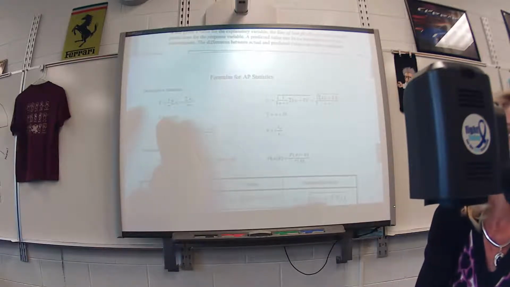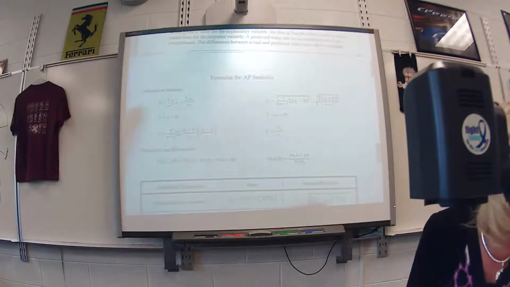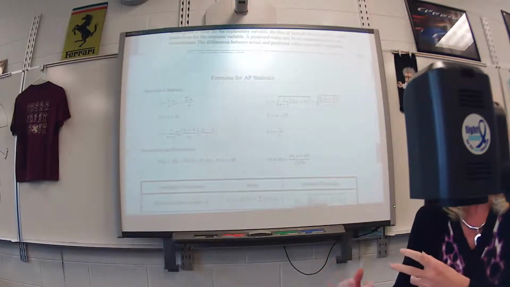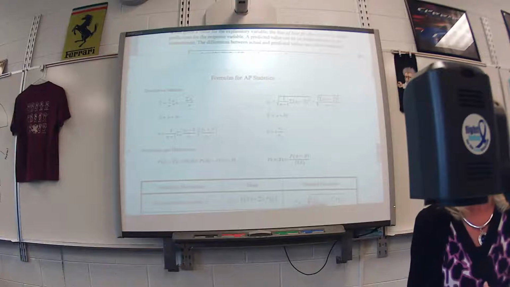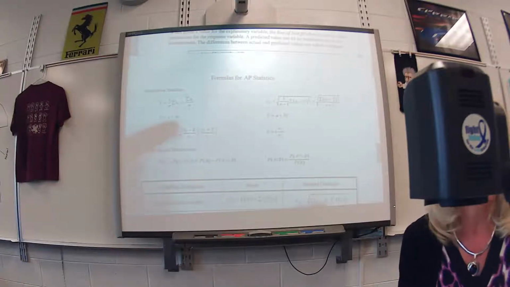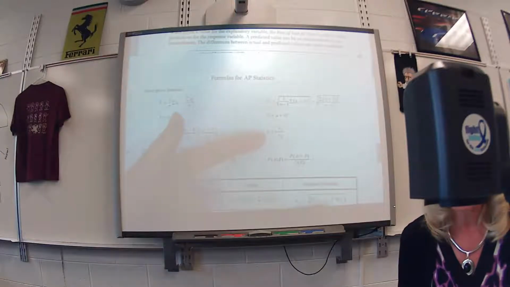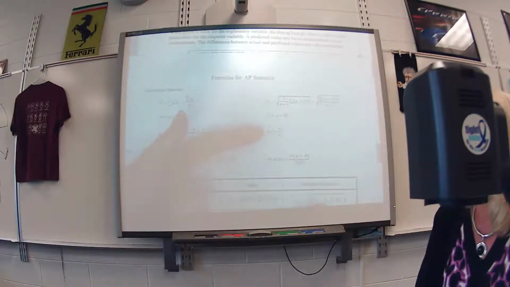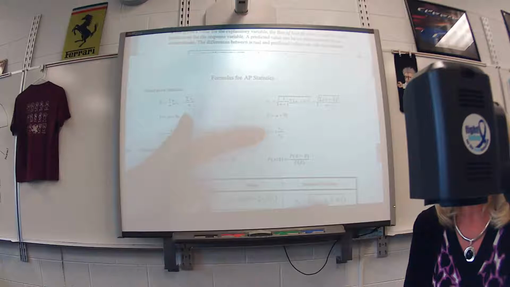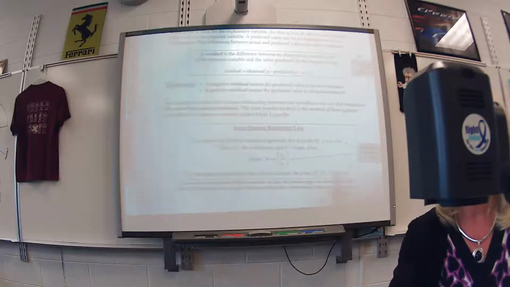So mx plus b, and then they switch the variables on you, okay? Where you used b standing for the y-intercept, well, now b is the slope, and a is the y-intercept. And then over here, you have an additional formula for your slope. Your slope is the correlation coefficient multiplied by the quotient of the 2 standard deviations.